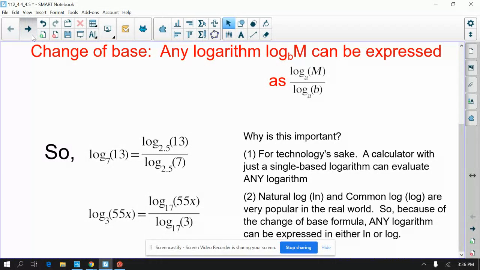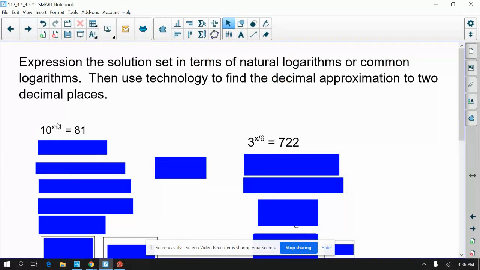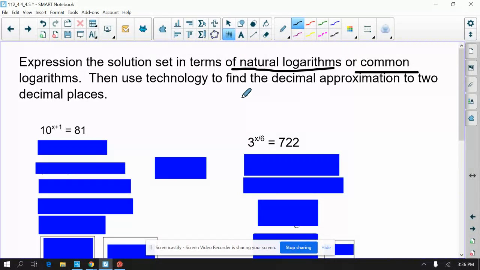Okay, so solving. The directions want me to first express the answer in terms of either natural logs or common logs, and then use technology to find the answer. So to follow the directions, I use my knowledge of logarithms to solve for x using either natural logs or common logs.